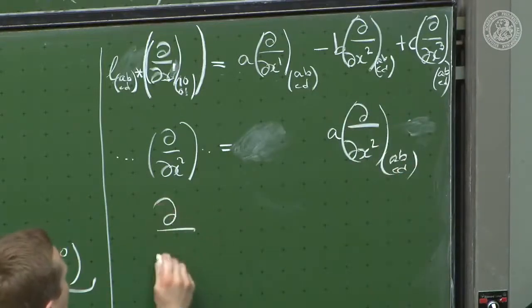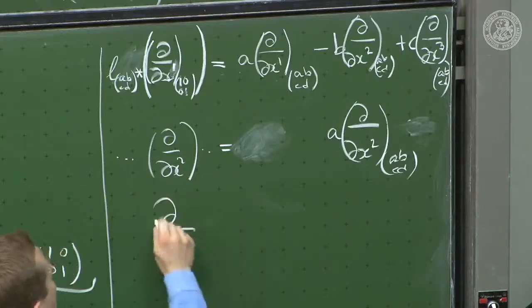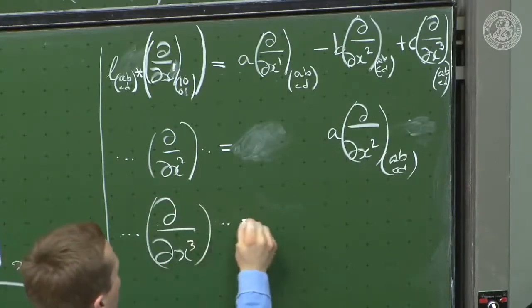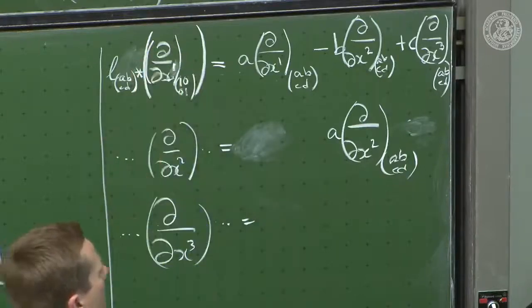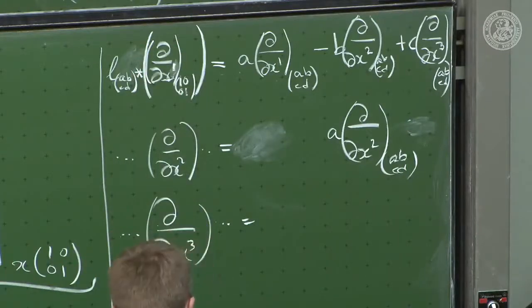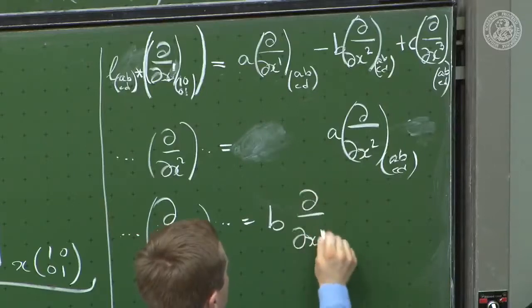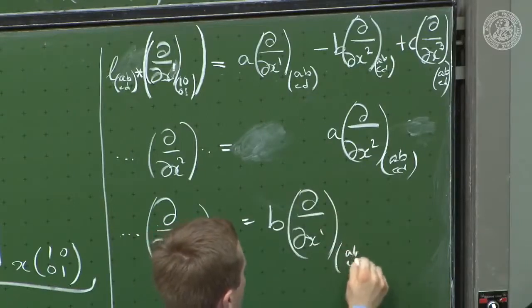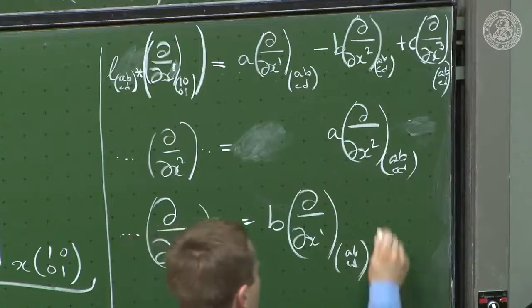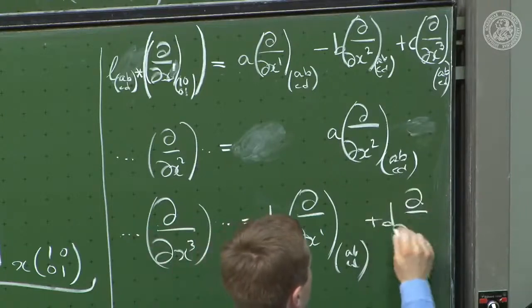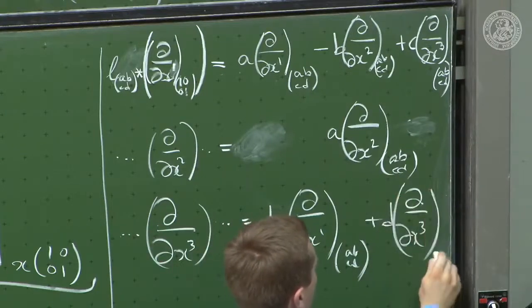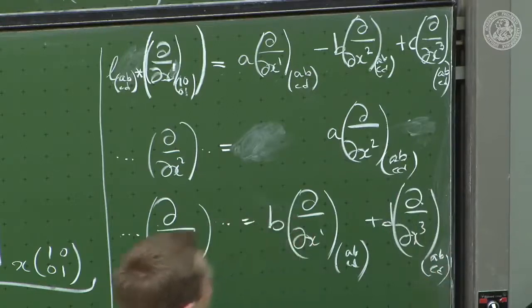And the final one is the push forward of the x3 at the identity, this whole dressing up here, and you get b0d. So you get b d by dx1 at a, b, c, d plus d times d by dx3 at a, b, c, d.